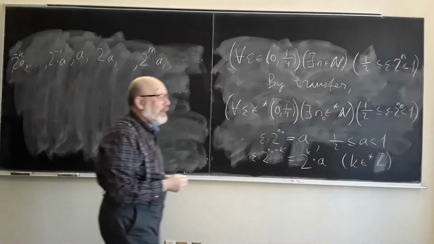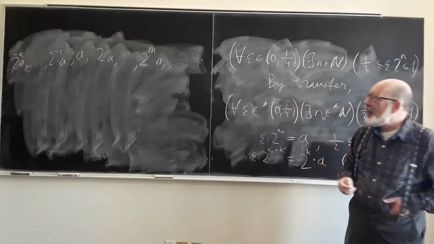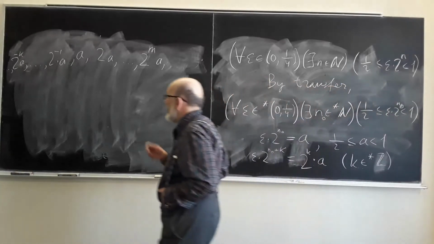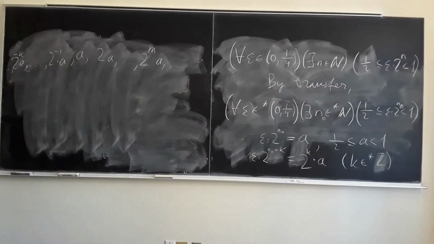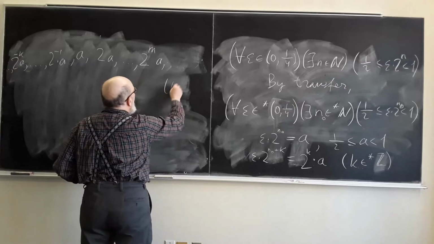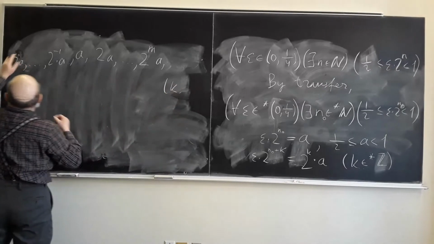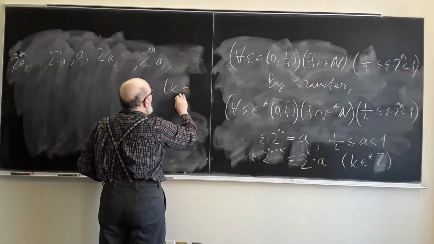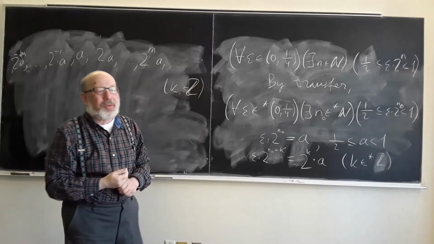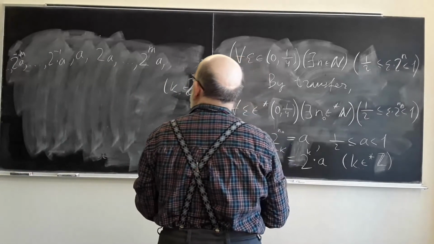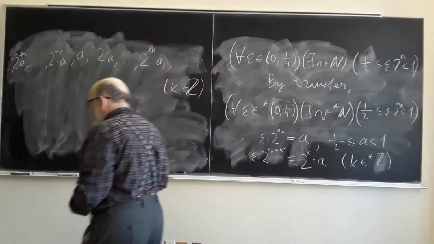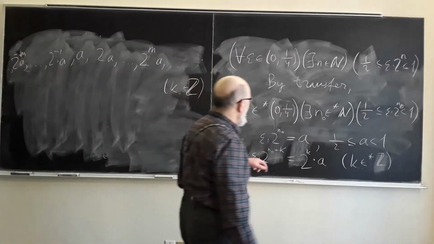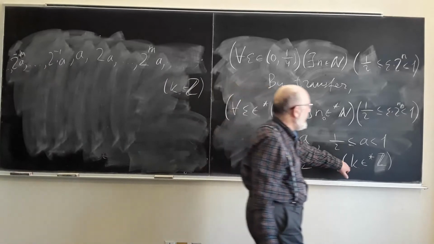So we have these points, a geometrical progression, for k minus m, k in Z. But Z is a part of star Z. So we have this set, and this is the standard part of all these points 2 to the power k times a when k is in star Z.